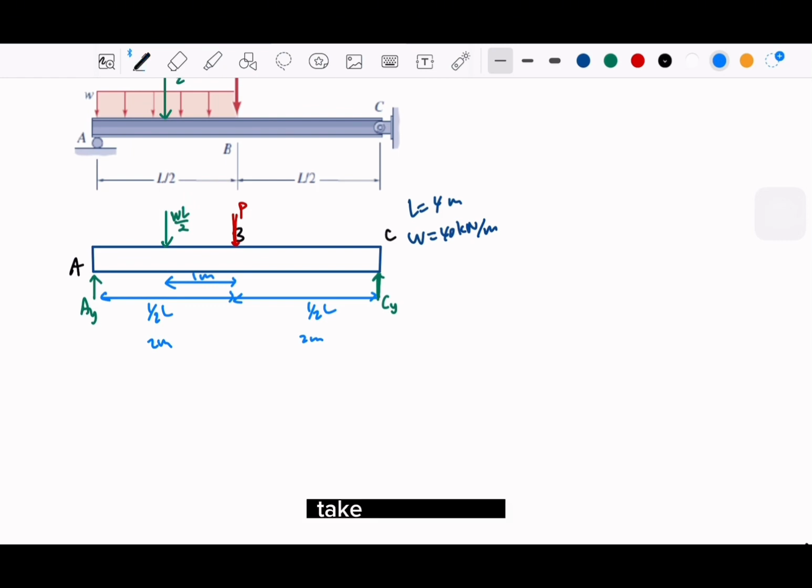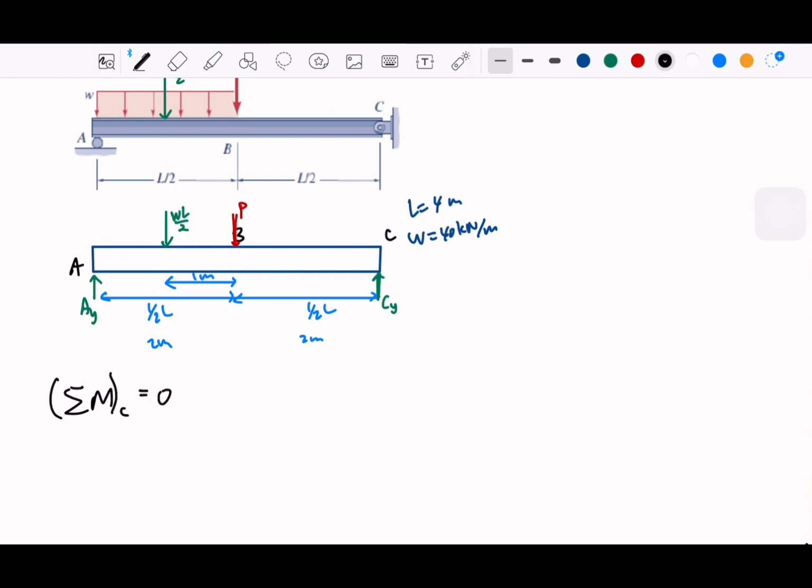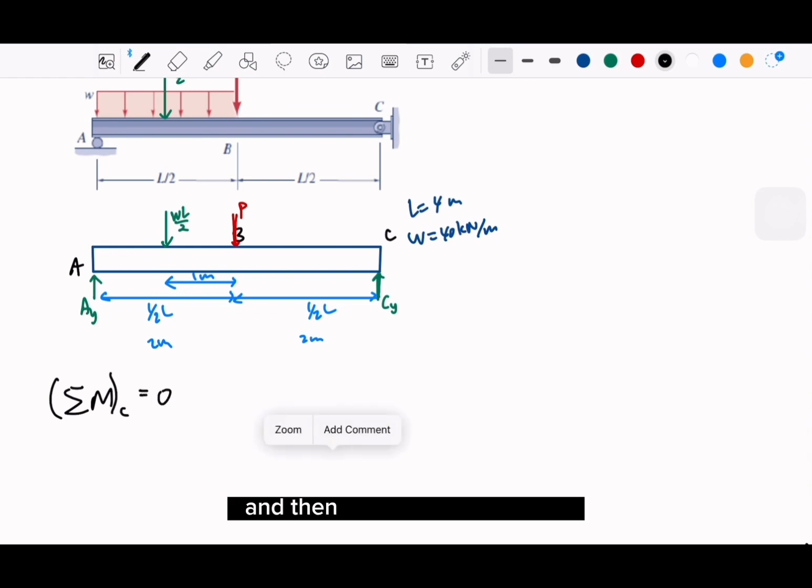Okay, we take the moment at C equals 0, and take this one positive.